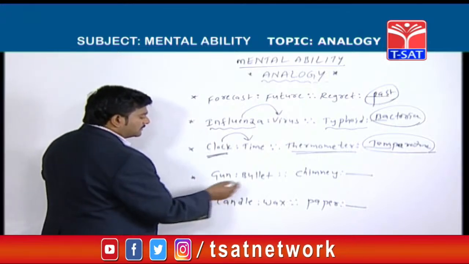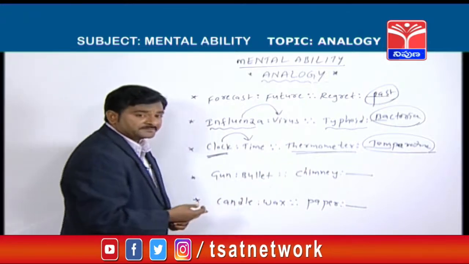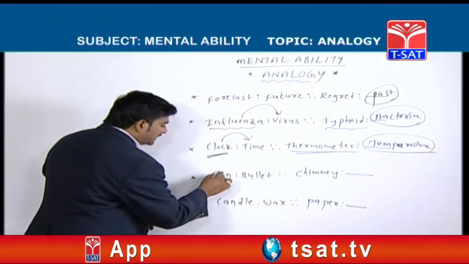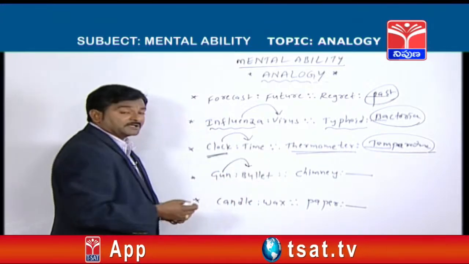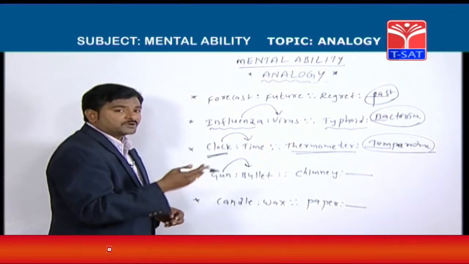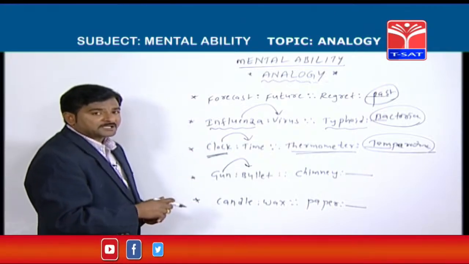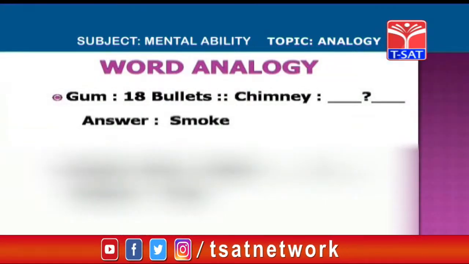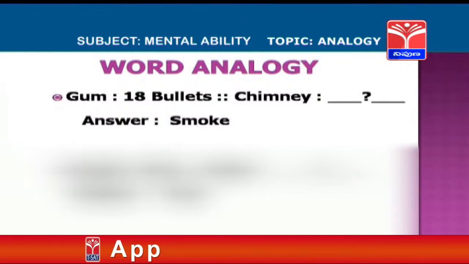See here, gun, bullet; chimney, dash. Simple question: gun, bullet, chimney, what? From a gun, a bullet will come out. The second one comes out from the first one. Bullet comes out from the gun. Similarly, from a chimney what will come out?